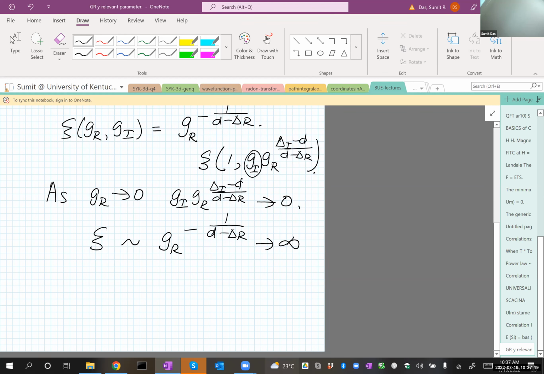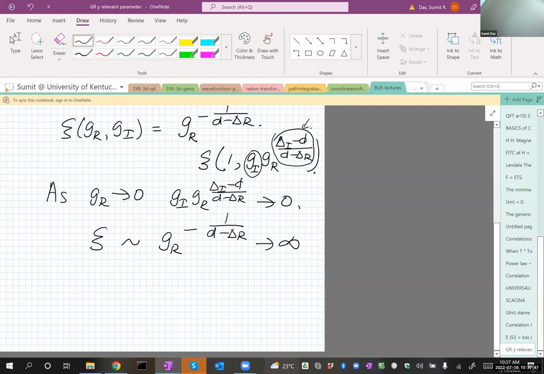The correlation length is entirely determined in terms of GR. Why does the value of GI not matter? Because this quantity over here is positive. And as GR becomes smaller and smaller, this entire quantity becomes closer and closer to 0, so its value doesn't matter.